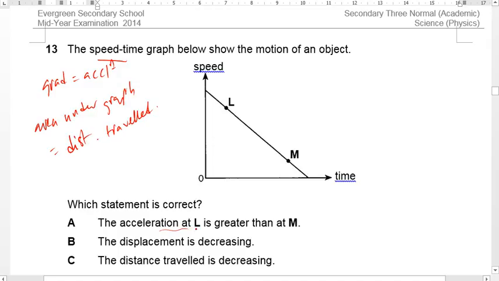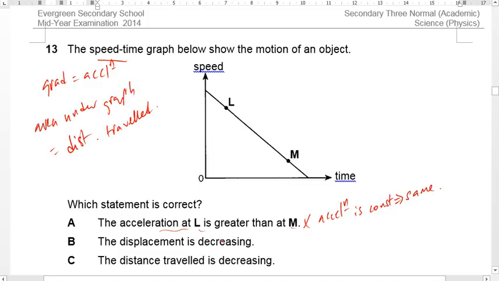Acceleration at L greater than M. Acceleration at L meaning we want the gradient at L. This gradient and this gradient, are they the same? Yes, it is one straight line. So the gradient is the same. It's wrong. Acceleration is constant, meaning same.